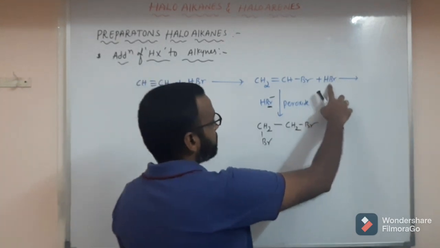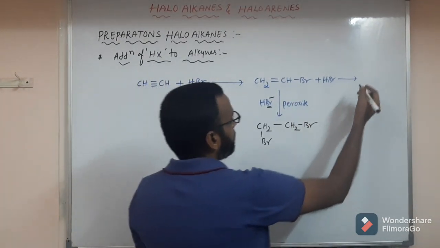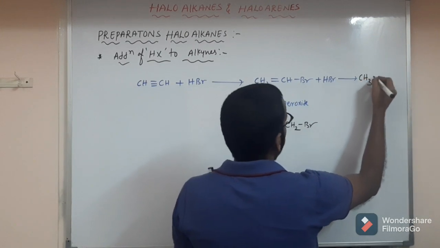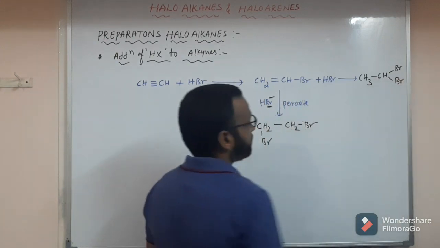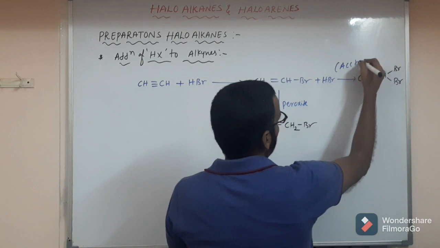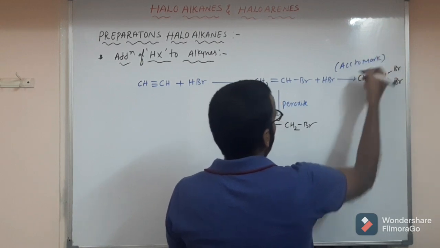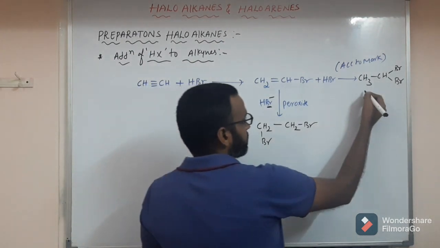But if you add this HBr like this, if there is no peroxide, then the product is CH3 single bond CHBr2. This is according to Markovnikov rule, and the other is according to Anti-Markovnikov rule. Understand?